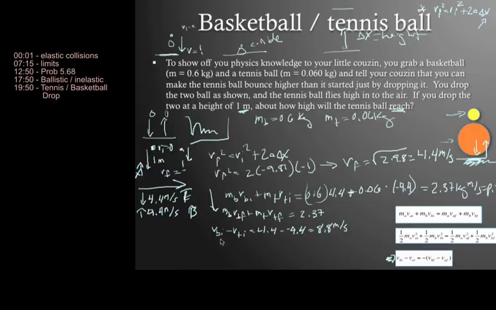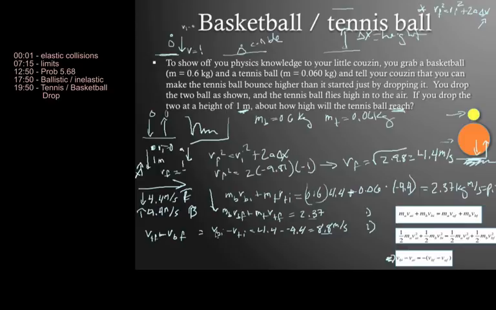So that has to be equal to VT final minus VB final. So here I almost have something like what I do up here, and I have it equal to just a number here. So I have two equations, two unknowns.